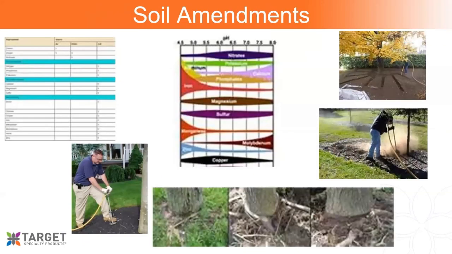But the problem is a lot of times our micronutrients are tied up because we have alkaline water or we have alkaline soils, which means high pH, right? Especially you guys out in Utah and Colorado, good luck. So you guys are almost always looking for some way to add in micronutrients. If you're going to do a phosphorus application and your tree is already kind of yellow, already showing chlorosis, you're going to have to add those micronutrients to give that tree the ability to create the defense compounds that you're trying to trigger with that phosphorus.